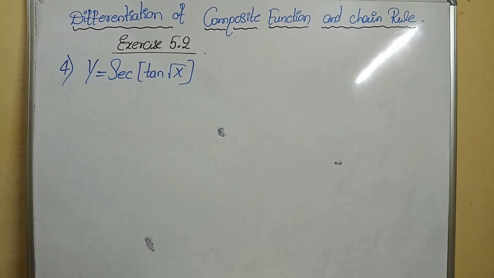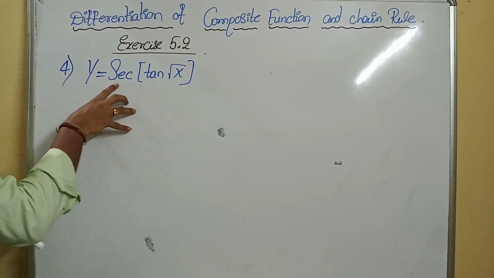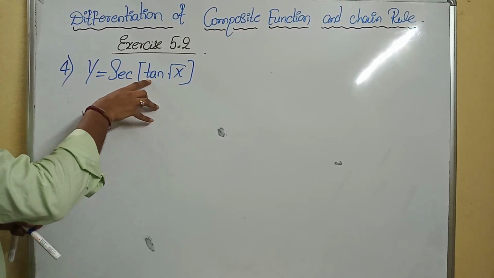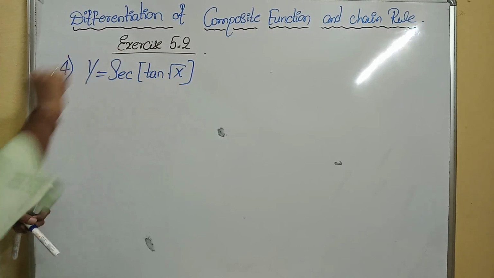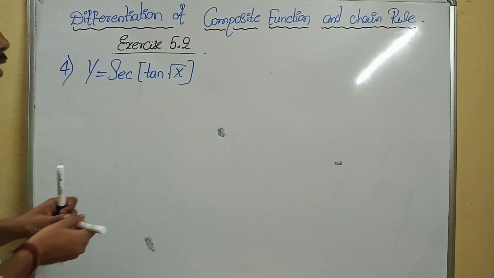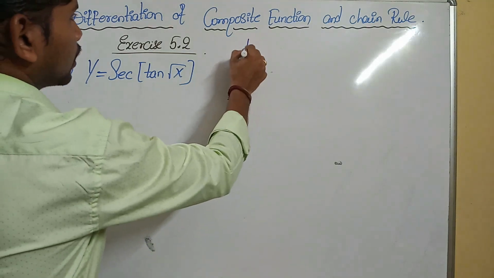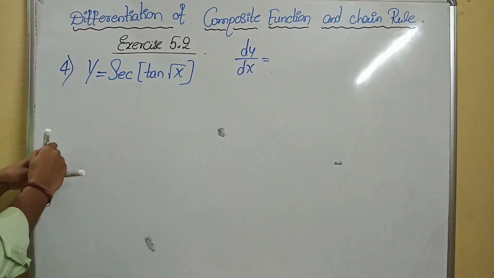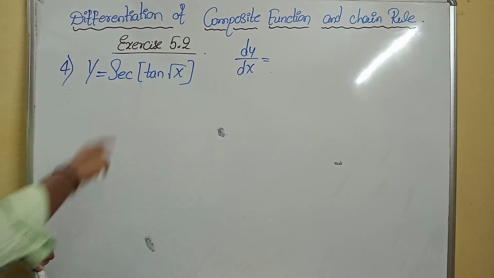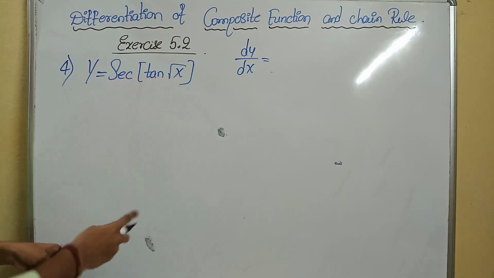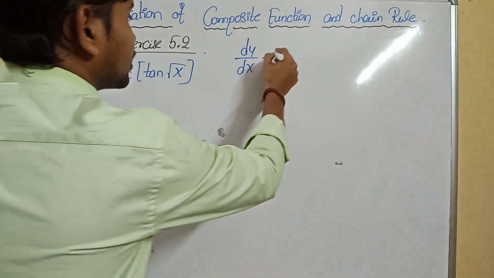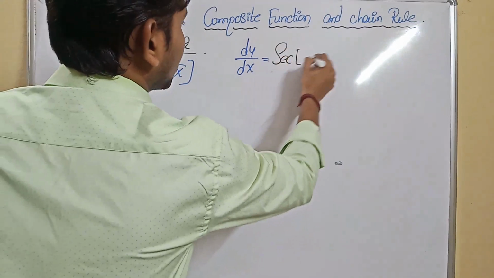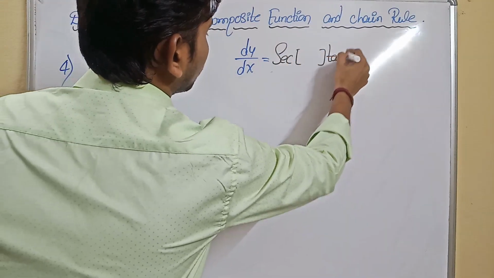This one is a slightly different kind of example. Secant is trigonometric, and again inside the tan, the polynomial root x is defined. If you want to write it directly, how do I write? dy by dx is equal to, what is the secant? The derivative of secant of the angle is secant x into tan of x.